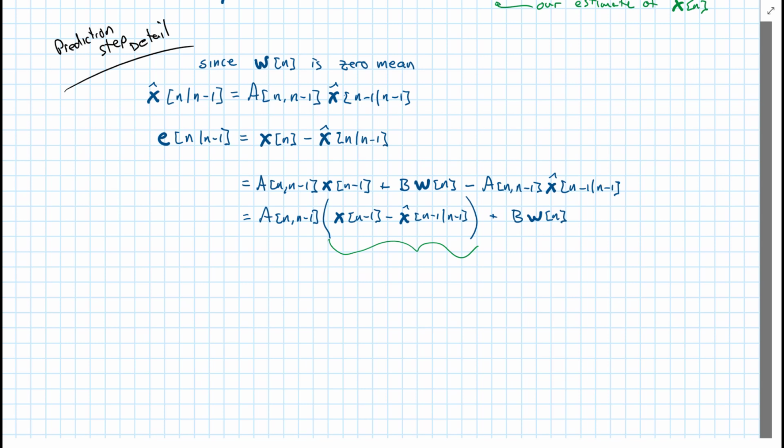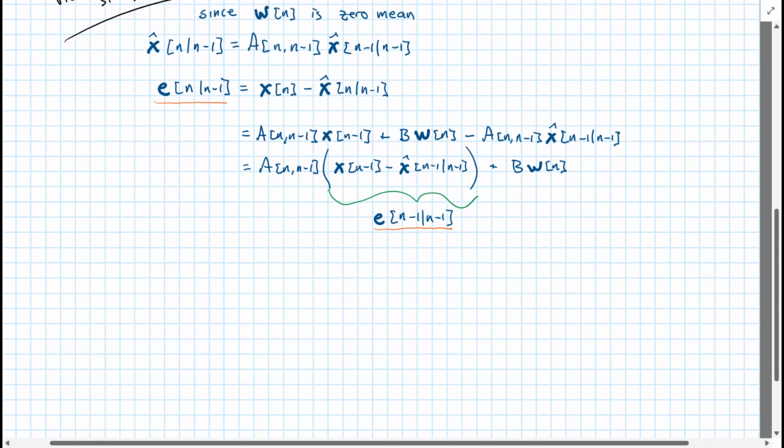So this quantity is just E n minus 1 given n minus 1. So now we have an update for our error from n minus 1 given n minus 1 to E of n given n minus 1.